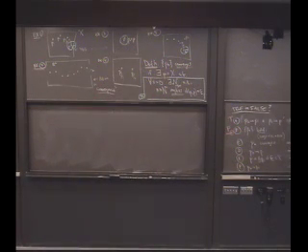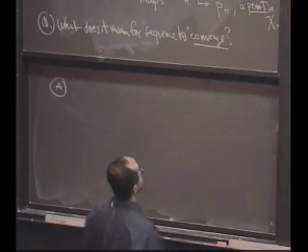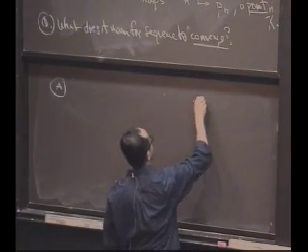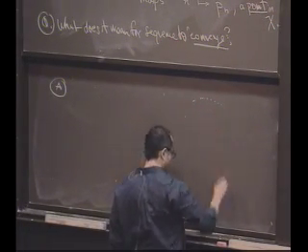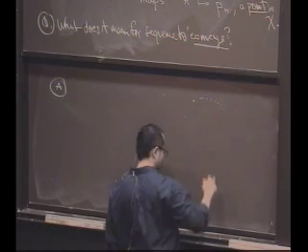So why is it true in part A? You have a sequence that converges to something. Here's the kind of thing that could happen.